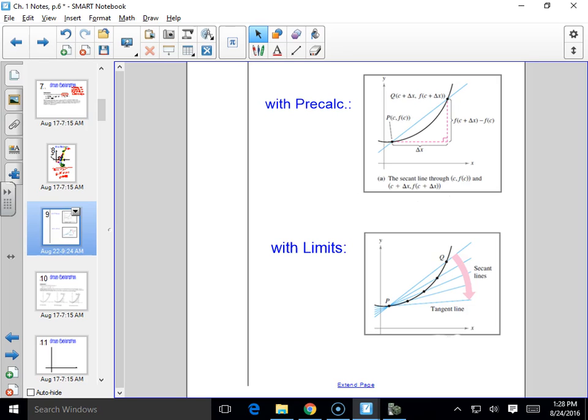Quickly, in your notes, give me a quick sketch of that, just to be like, this is how you solve the tangent line problem. Just a quick sketch. Don't need tons of details. Yes, please, because this also gives you a quick reminder. Pre-cal, we can find the slope of a secant line.